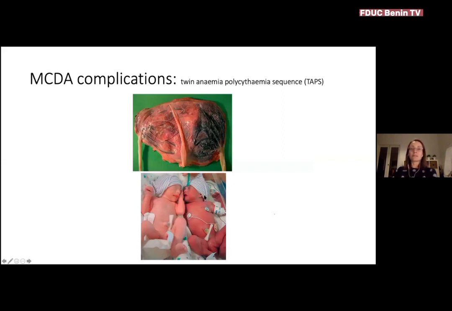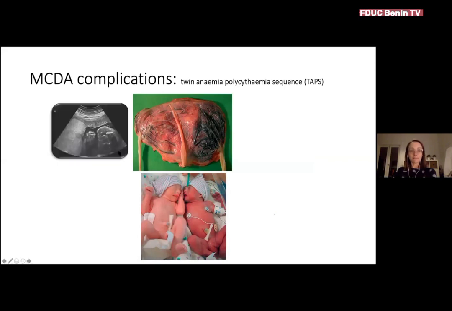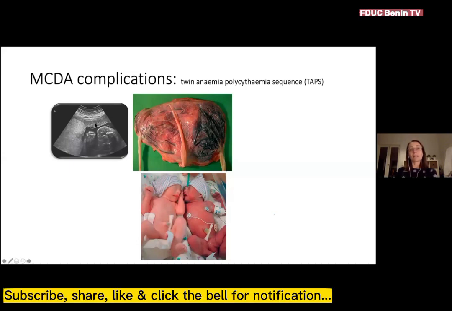And sometimes when the fetuses are born, they have a very similar appearance. On ultrasound, you can often see a difference in the two halves of the monochorionic placenta. So the anemic half of the placenta is brighter on ultrasound and is very thick and hydropic looking, whereas the hyperemic part of the placenta is very thin looking.